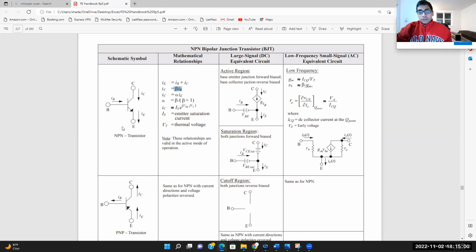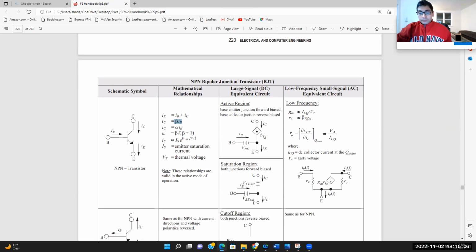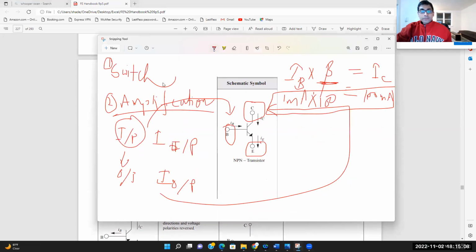Now my emitter current over here is, if I apply Kirchhoff's current law at this node, this is one current and this is another component of the current.